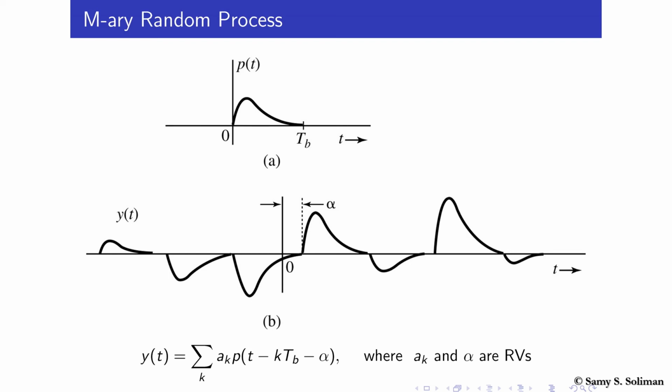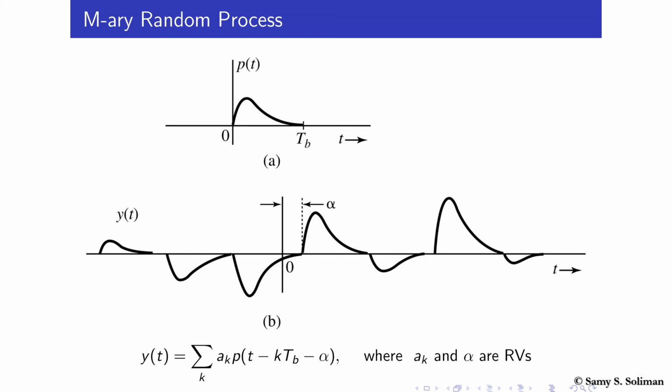And also its magnitude is not necessarily one of two magnitudes as in the binary case, whether these two magnitudes are positive and negative A or 0 and positive A. Rather, the pulse might have one of M different amplitudes. It is still a digital case in which the weight of the pulse is taken from a set of discrete random variables. However, it is not necessarily a binary random variable.